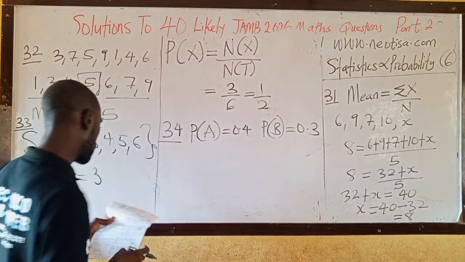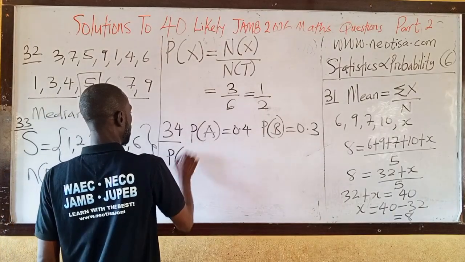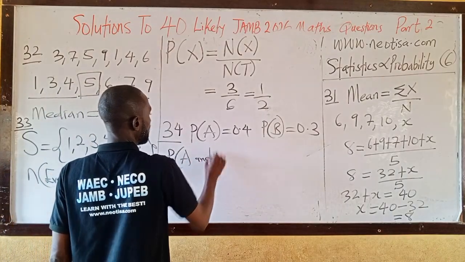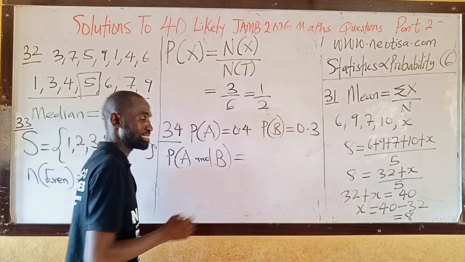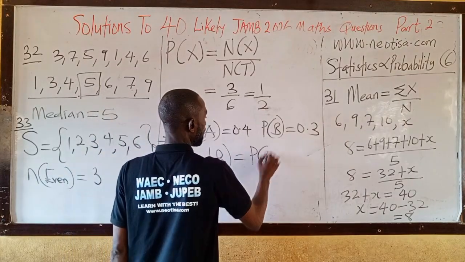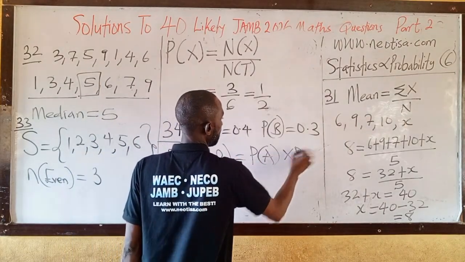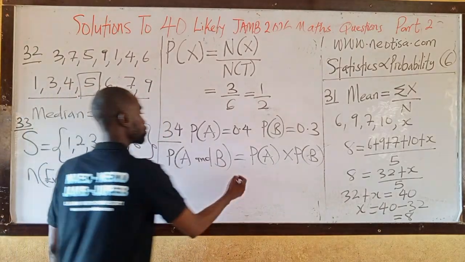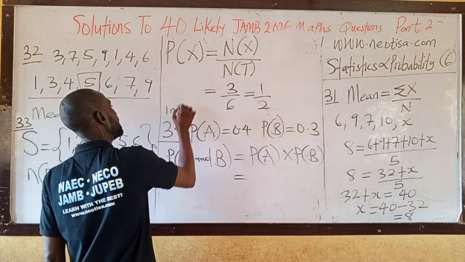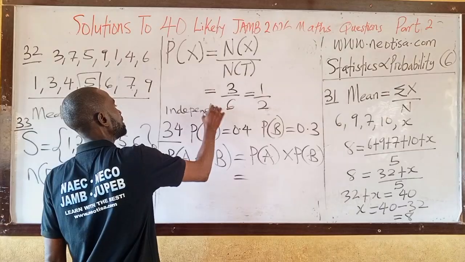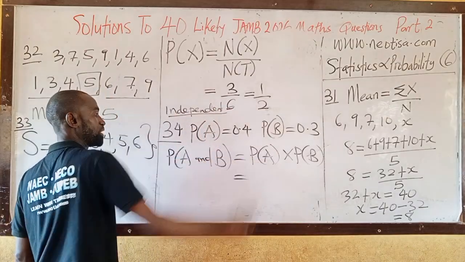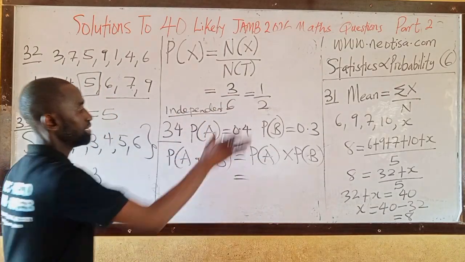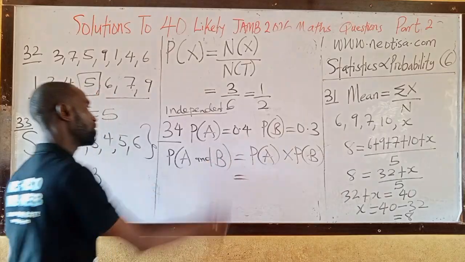We have to find probability of A and B. If A and B are independent, it is equal to probability of A times probability of B. If they are independent, meaning A does not depend on B, neither does B depend on A.